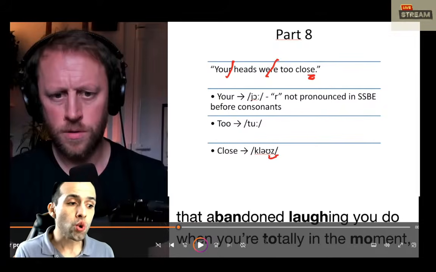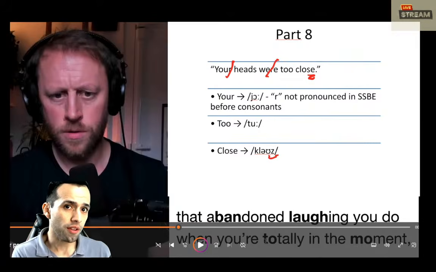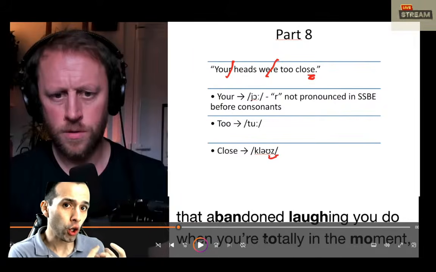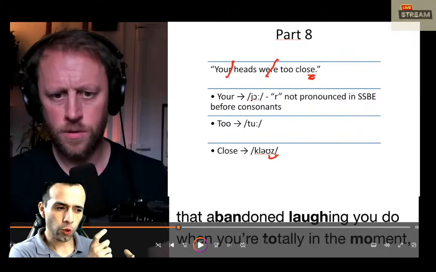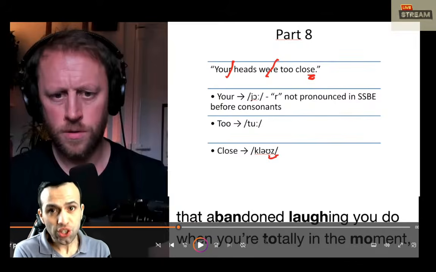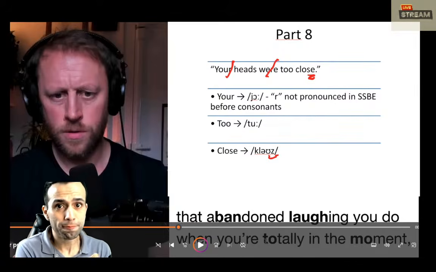First of all, your: in standard Southern British English, we don't pronounce the letter R at the end of a word when it's immediately followed by a consonant or a pause. The H here is pronounced as a consonant, right?